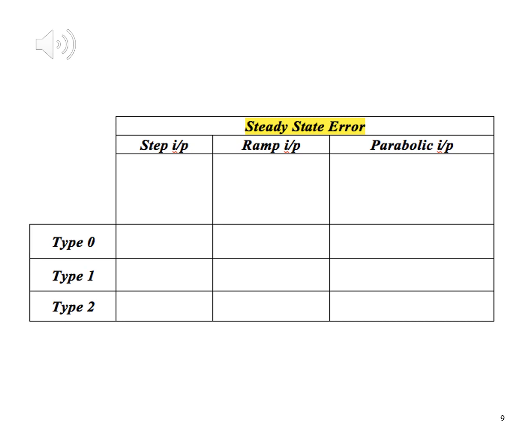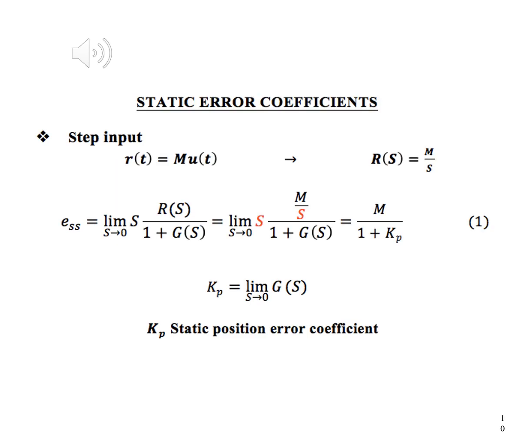Under what kind of inputs? Step input, ramp input, and parabolic input. And what type of systems? Type 0, type 1, and type 2. We shall try to fill this table in front of you. First, we're going to find what is the steady state error if we have a step input, as we shall see in the next slide.